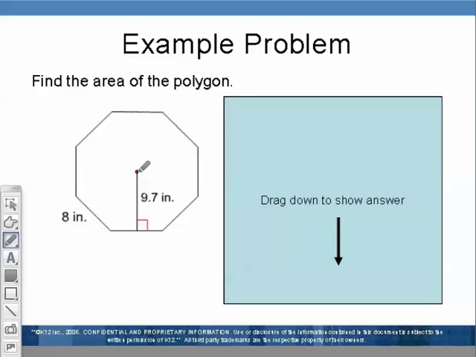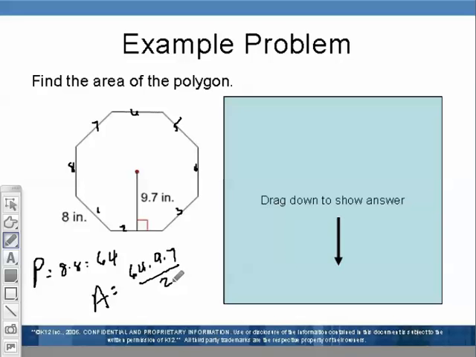In this polygon right here, we've got 9.7 as the distance here. 8 is one of the sides. Well, I'm going to count the sides. 1, 2, 3, 4, 5, 6, 7, 8. So my perimeter is going to be equal to 8 times 8, or 64. So the area of this particular octagon is going to be equal to 64 times 9.7, all divided by 2.